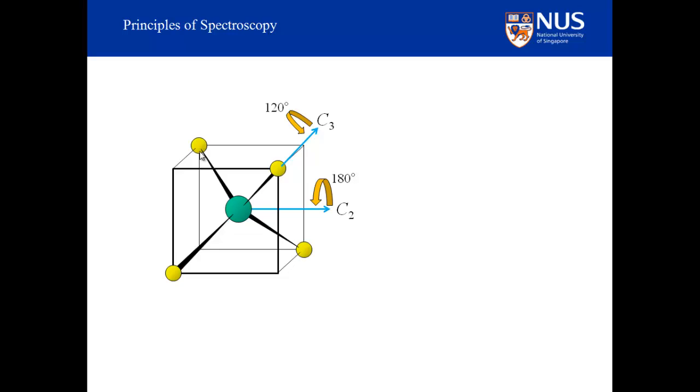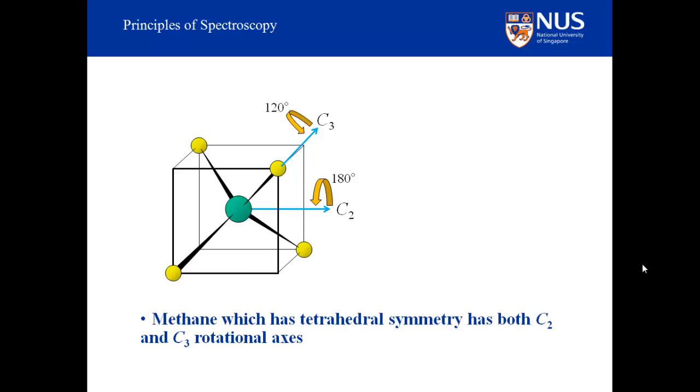Similarly, the axis which is perpendicular to the plane of one of the surfaces is a C2, or twofold axis. If I rotate by 180 degrees, this atom here will go to here, and this atom will go to here, and vice versa. So tetrahedral molecules like methane have C2 and C3 axes.